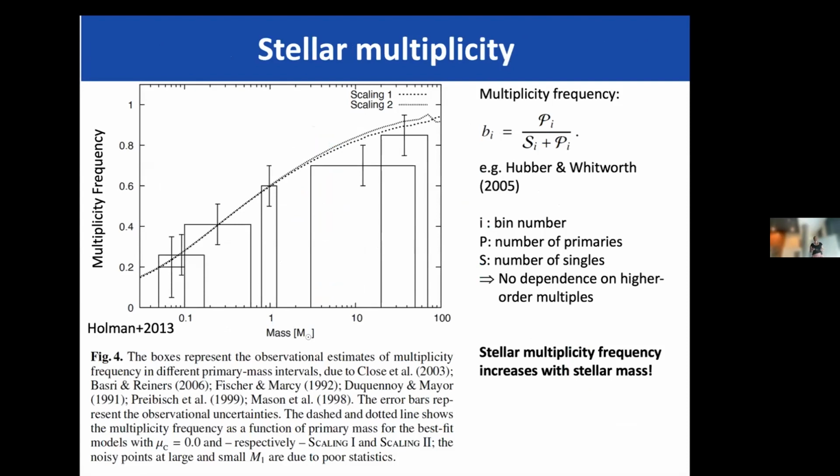So then multiplicity. I plot here the multiplicity frequency, which is defined as the number of primaries. So here a primary is a primary star in a multiple system, where in this case it does not matter how many stars are in this multiple system. So it could be 2 or 3 or more.